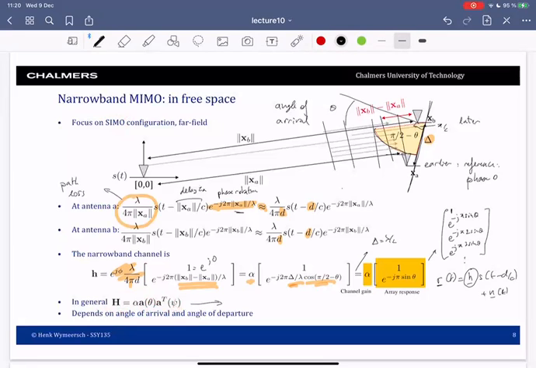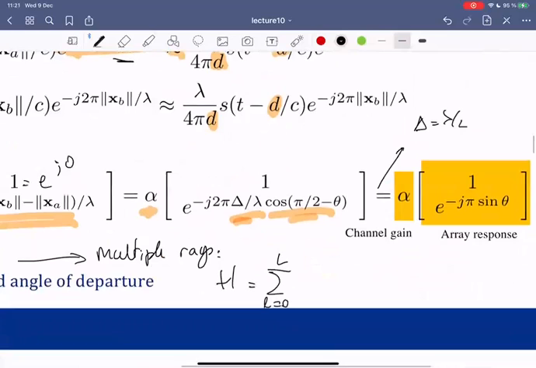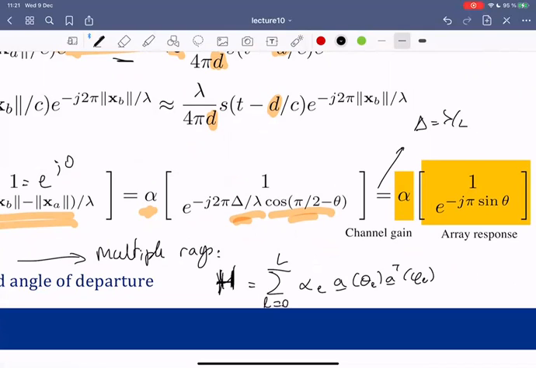And then if you have multiple paths, so multiple rays, then your channel will be a superposition of alpha L, A theta L, A transposed phi L. Right, so this is a matrix, which is a superposition of paths, each with their own angle of arrival, angle of departure. So this is sometimes known as AOA, AOD.